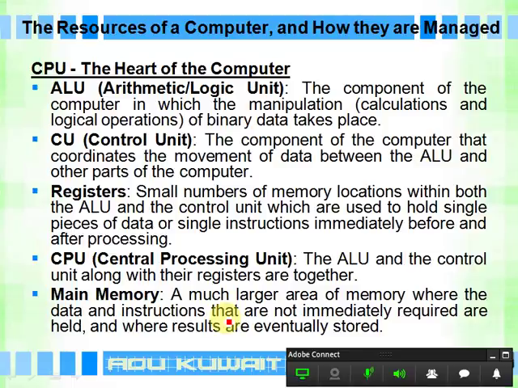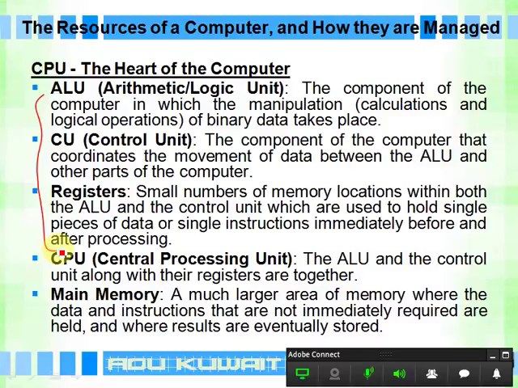A computer has a CPU, the central processing unit, which is the heart of the computer. A CPU consists of three main things: the ALU, arithmetic and logic unit, the CU, control unit, and registers.